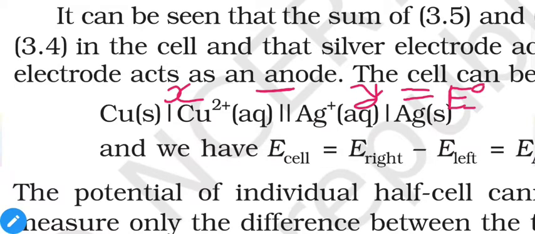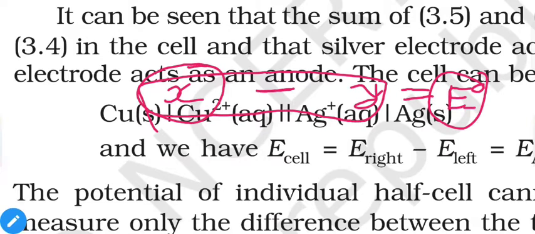We can find it by connecting these two half cells together in a cell, and the cell potential is equal to the difference between the potentials of each half cell, or cathode and anode.